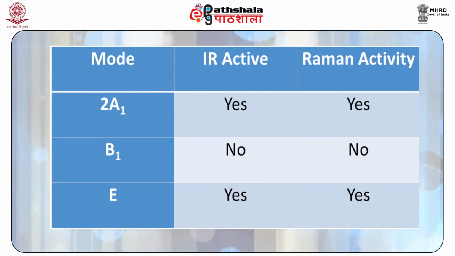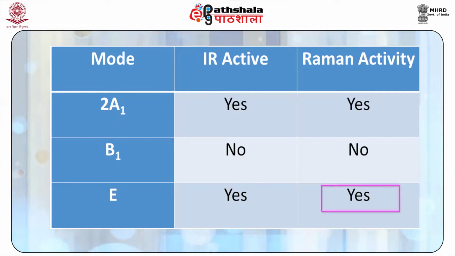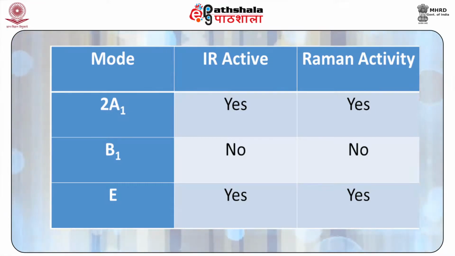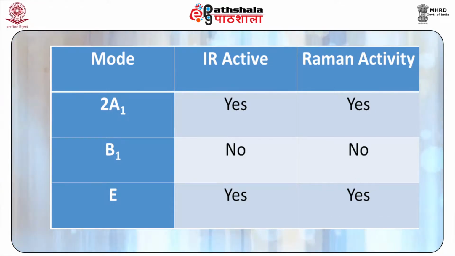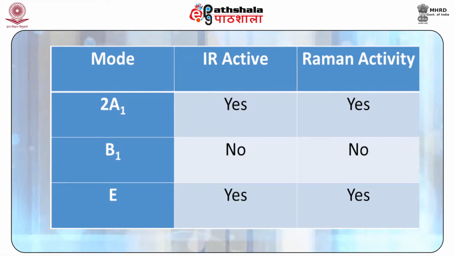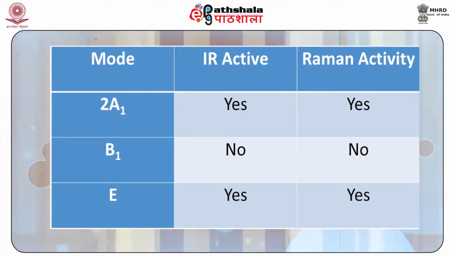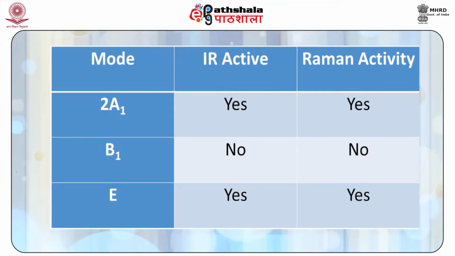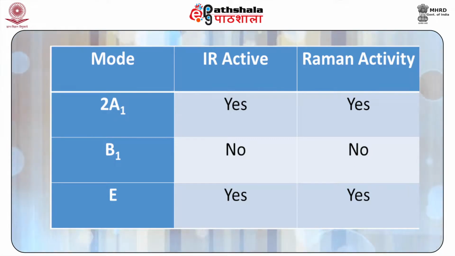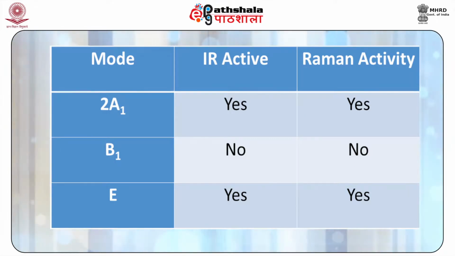Raman activity: A1 yes, B1 no, E yes. If I consider C4v symmetry, there should be 3 IR active modes and 4 Raman active modes, though some of these may be coinciding.